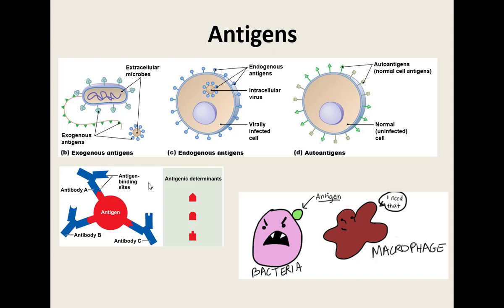It's how our immune system knows that it's infected. Those little blue circles should not normally be there. Instead, they're there because that cell is infected. And so it's literally the red flag that's like, there's something inside of me, I'm not normal, I'm not supposed to have little blue circles. And our immune system can recognize that, and it can kill that cell. So it's an inside antigen that's presented on the outside.